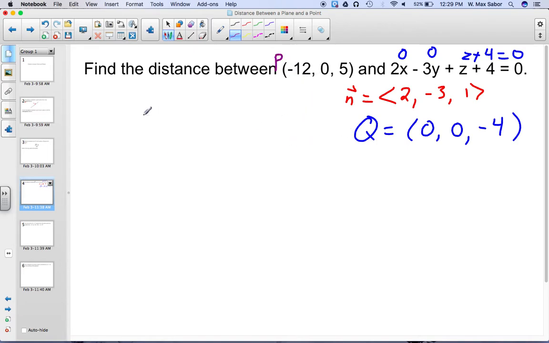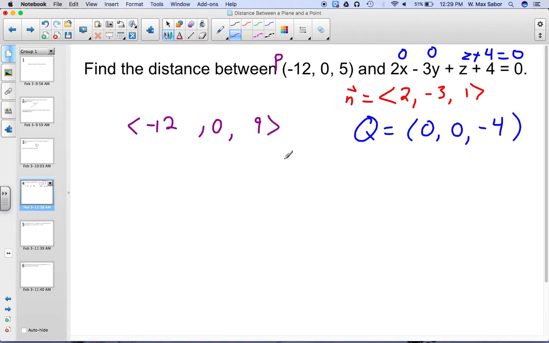Now we find out what QP is. So that will be -12 minus 0, 0 minus 0, and 5 minus -4 is 9.